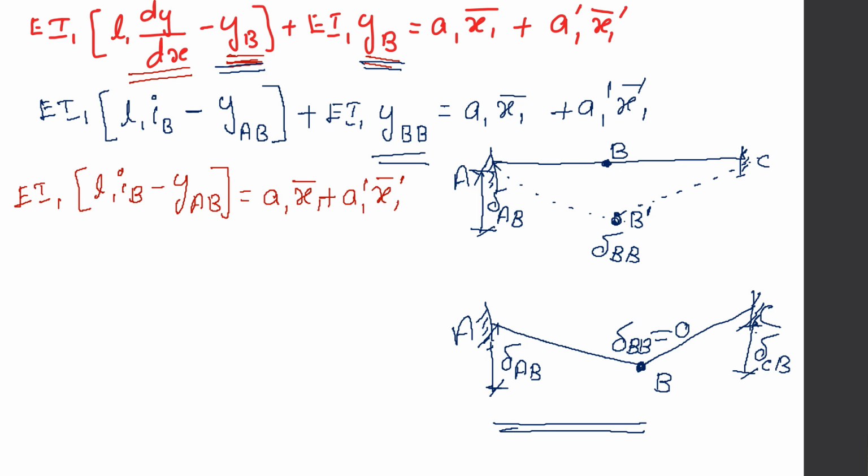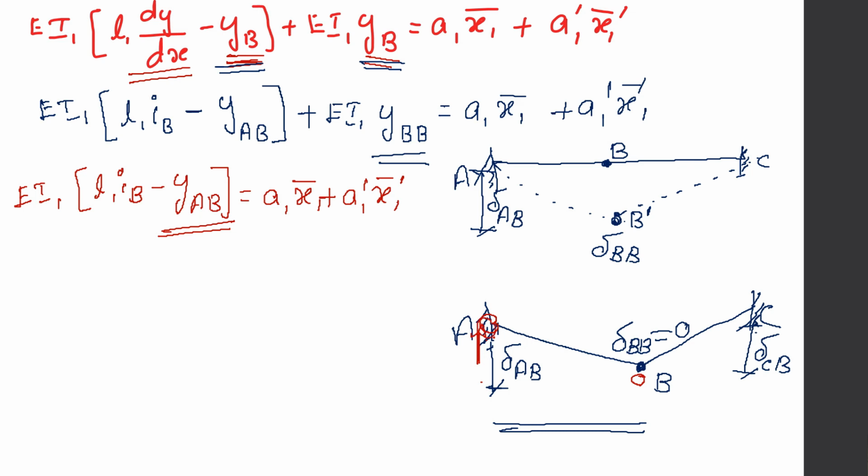Now this YAB is actually the deflection of A from B. It is in the higher position.